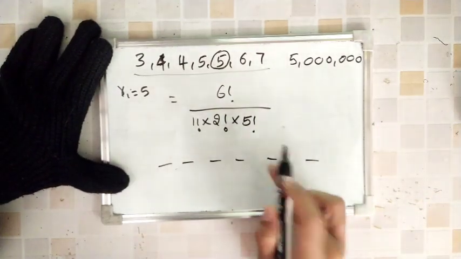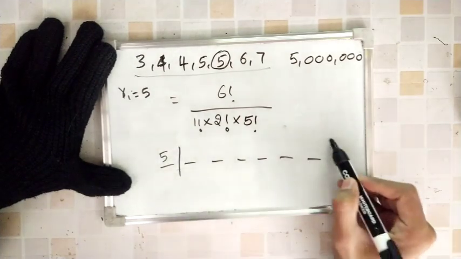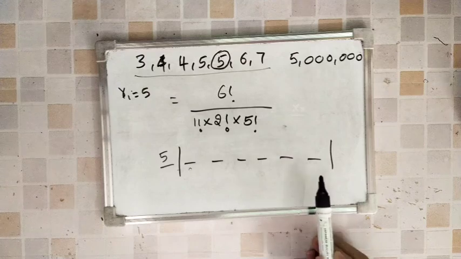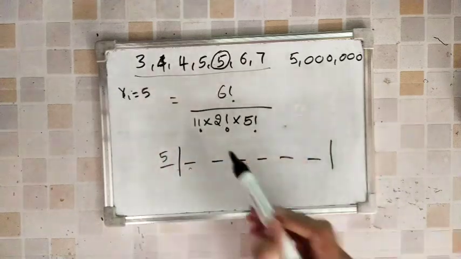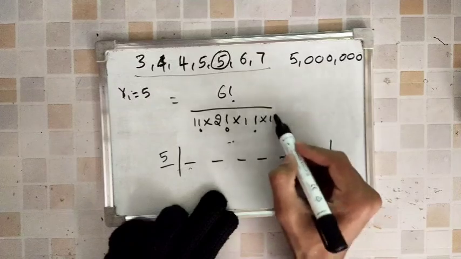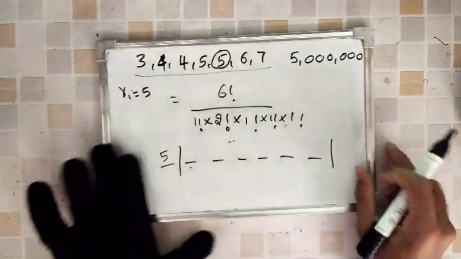In how many ways can I arrange these 6 places using the remaining 6 digits? That's what I am doing here. 6 is 1 time, so 1 factorial. Okay, this is my answer.